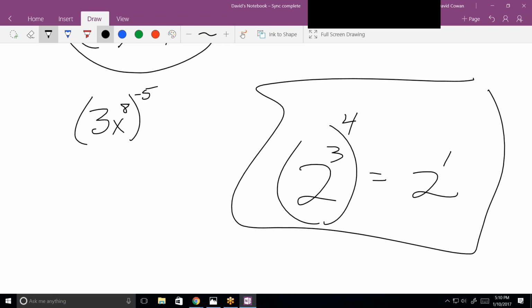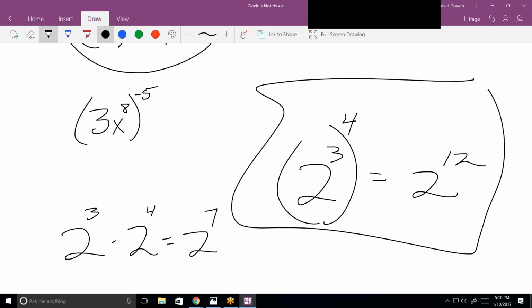And the concept is when you're doing double exponentiation, you multiply. Yeah. So it's 2 to the power of 12. If I'm doing multiplication and I have 2 to the power of 3 and I am multiplying that by 2 to the power of 4, then you add the exponents.